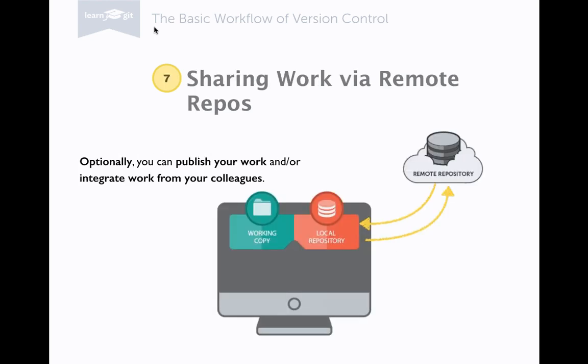So one optional last step is to share your work via a remote repository. If the time comes and you want to publish your work and share it with the work of your colleagues, you can do so by using a remote repository. And of course, your colleagues will do the same. So this is the means of exchanging work.